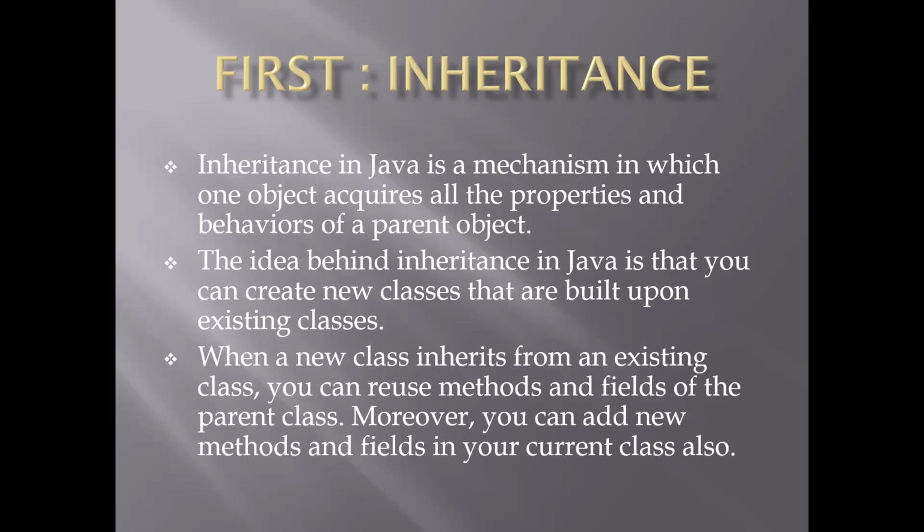Okay. So, the second idea behind inheritance is that you can create new classes that are built upon an existing class. If you already have an existing class and you are willing to create a new class with common factors with this existing class, instead of copy pasting this existing class into the new class, no, you make the new class inherit the existing class.